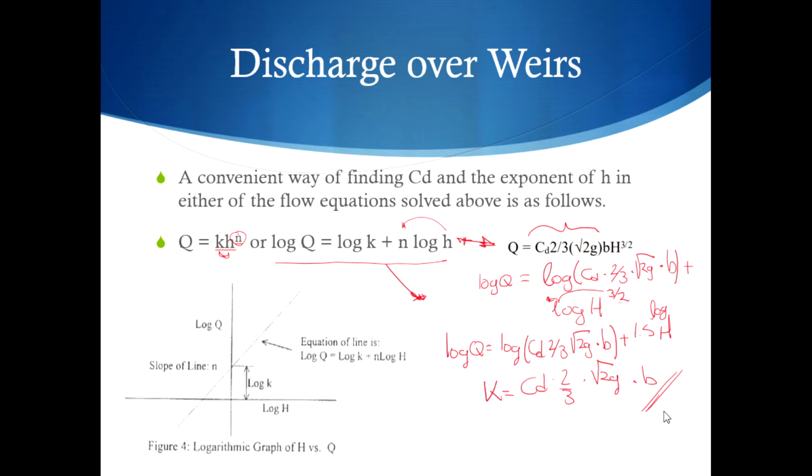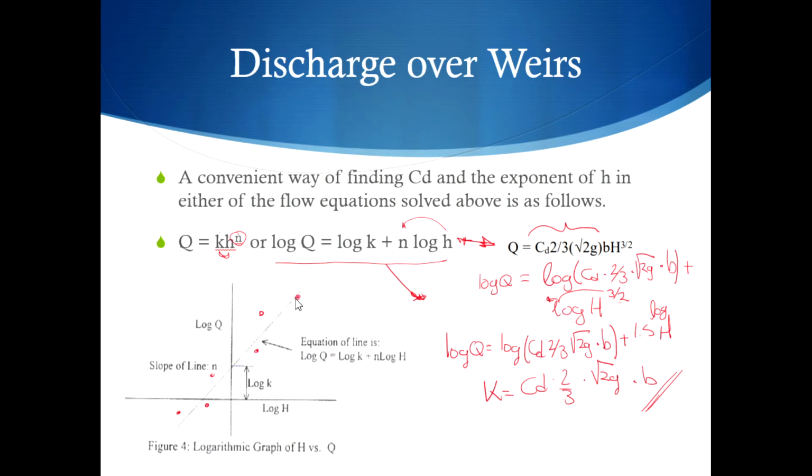So when, for example, in your experiments, you calculate an h, and you also calculate a flow rate with the hydraulic bench. So for example, you have the x and y axis here, and you have your points here. This is another measurement, and this is another measurement.